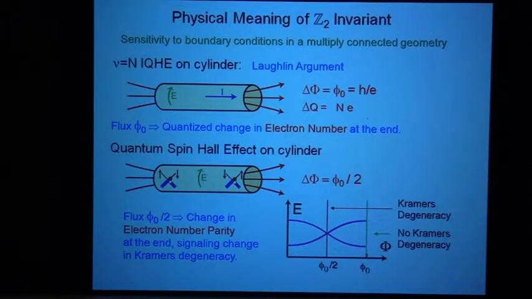So what happens is that when I thread half a flux quantum, I'm going to transfer half of an upspin to the right, and I'm going to transfer half of a downspin to the left. Okay? So at the end of the day, I have changed the local spin at the end by a spin a half.